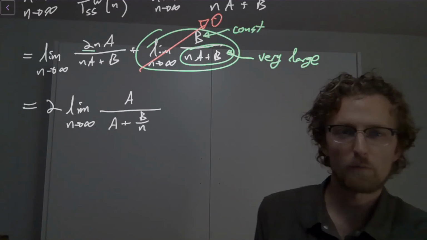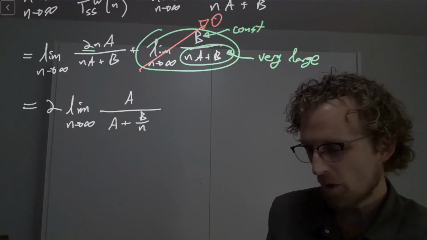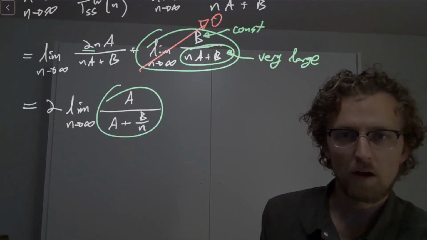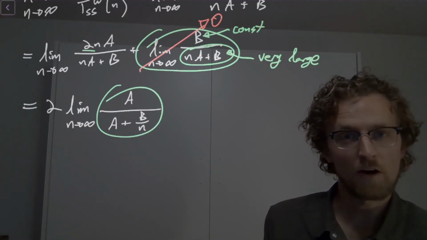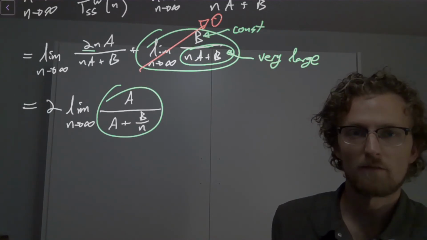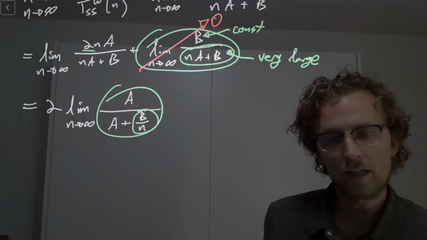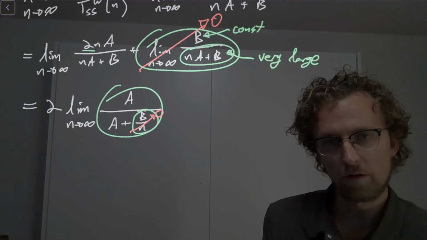So now you're saying, where are you going with this? Well, now look what I've done. See what happens to this expression when n gets very, very large. In the previous line, we said when n gets large, if n is in the denominator, then that fraction goes to 0. So we have a fraction with n in the denominator, and this particular piece is going to go to 0.